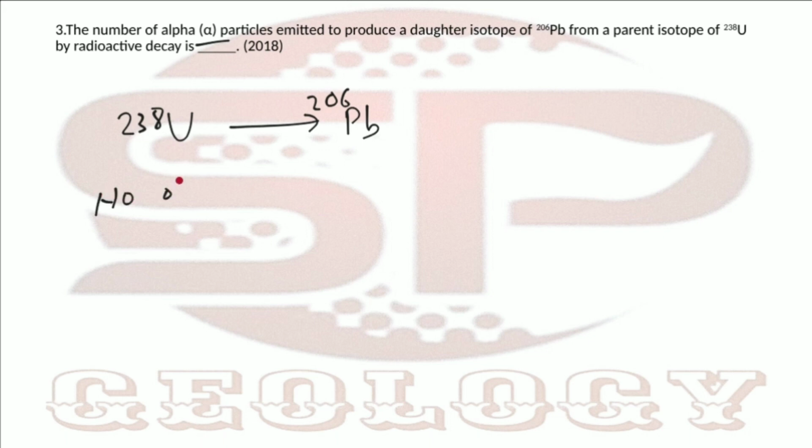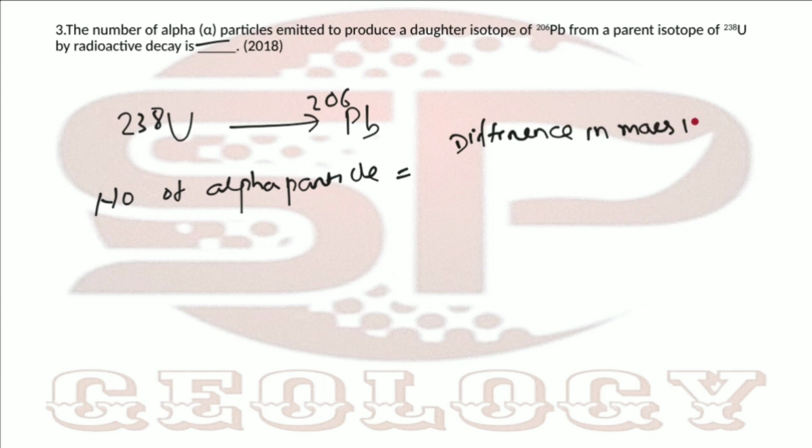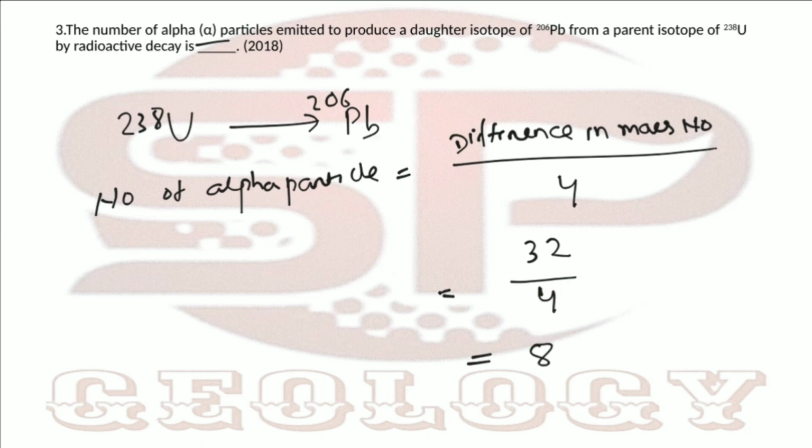Always remember, the number of alpha particles is the difference in mass number divided by 4. The difference in mass number will be 32, divided by 4 will be 8. So the number of alpha particles emitted will be 8 during the conversion of uranium-238 to 206.